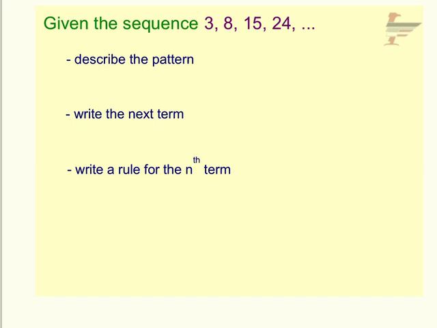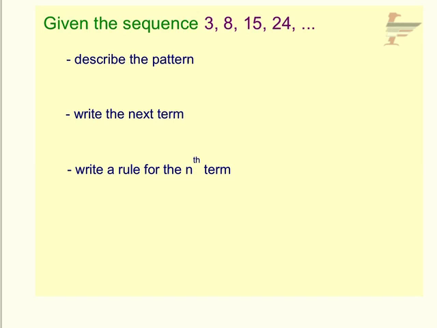So first check for arithmetic. 3 plus 5 is 8. And then plus 7 is 15. Plus 9 is 24. So we're not adding the same number, so we know it's not arithmetic.